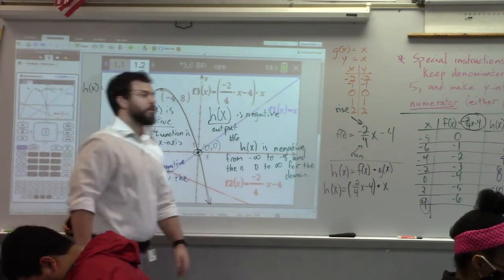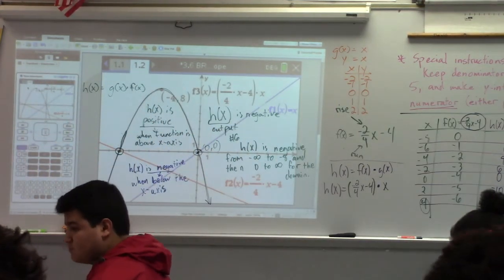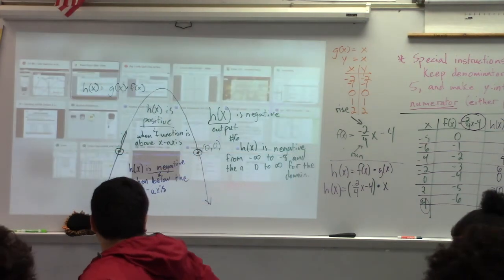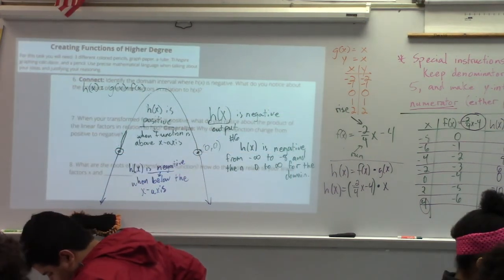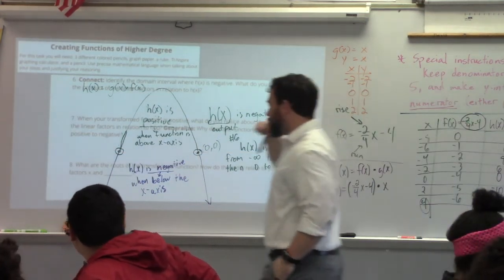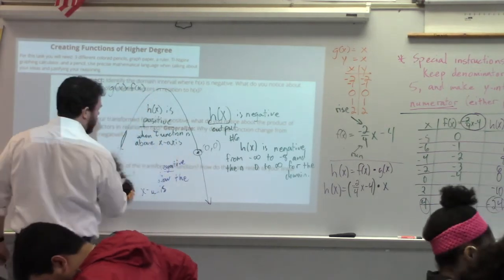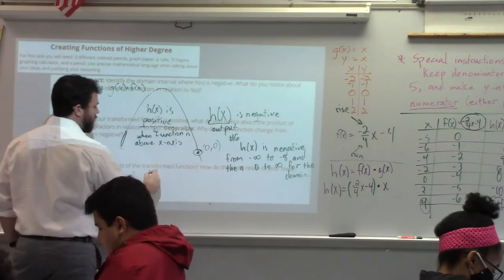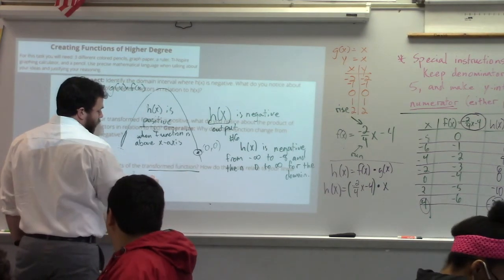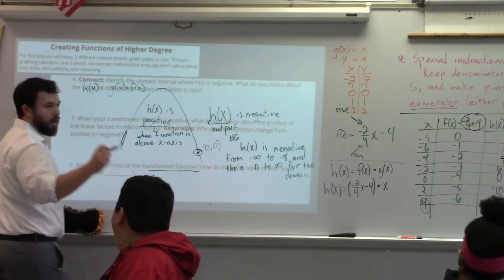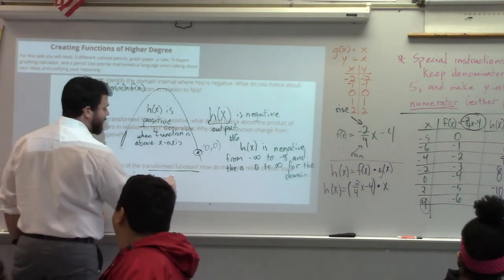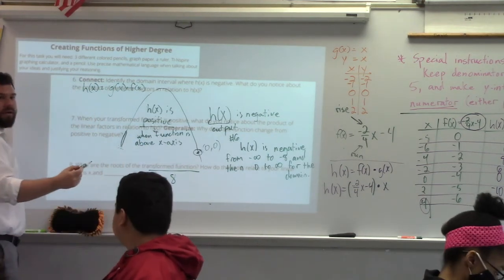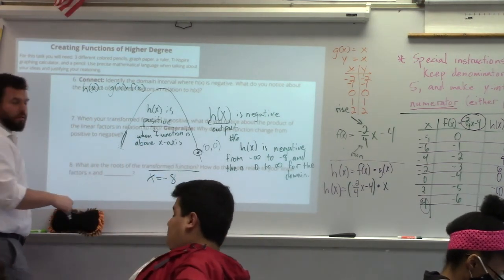0. So, the last little detail that we're going to at least write down today to make sure you have is, what are the roots of the transformed function? This is number 8. What are the roots of the transformed function? Well, it depends on what group you're in, but if you're in group 2, it was x equals -8 because that was where the x-intercept was, right?